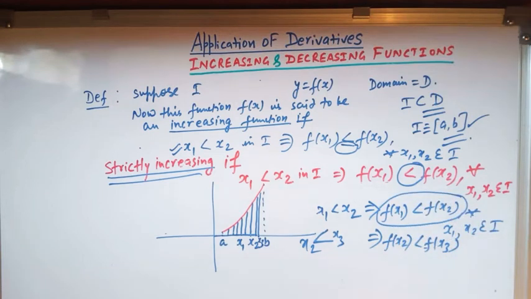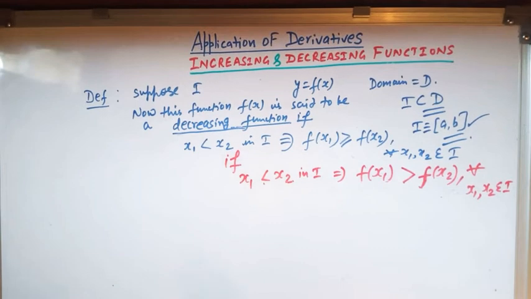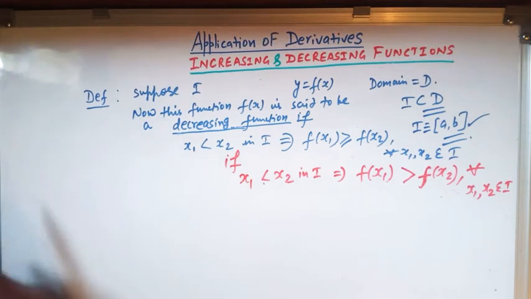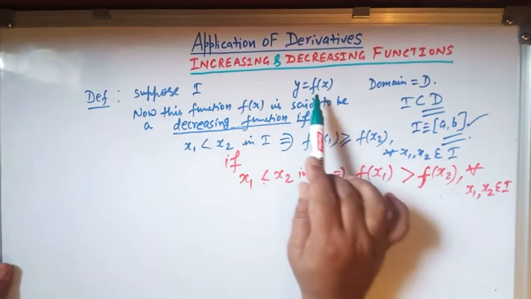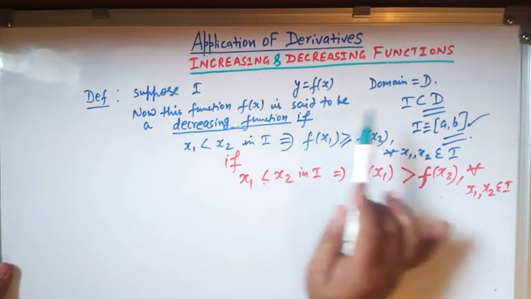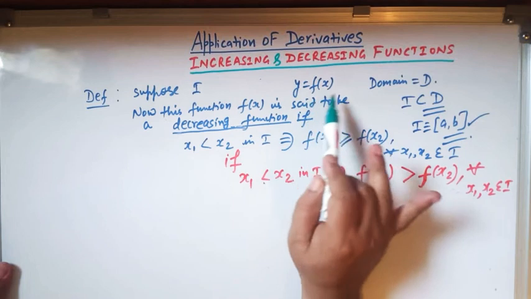So let us now consider the definition of decreasing function. Again we have a function y equal to f(x), and suppose I is any interval which is a subset of the domain of this function.